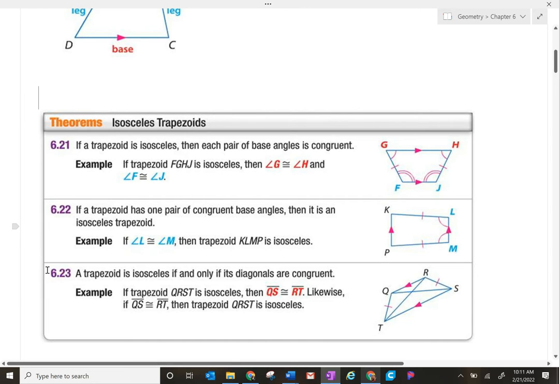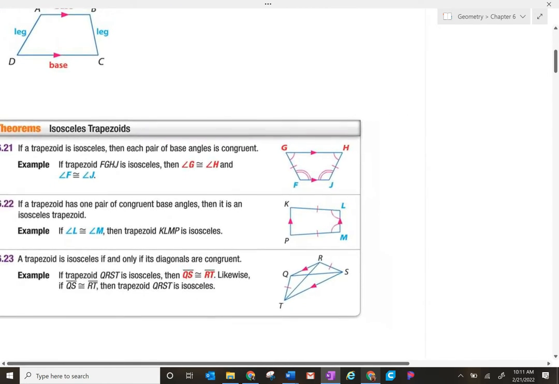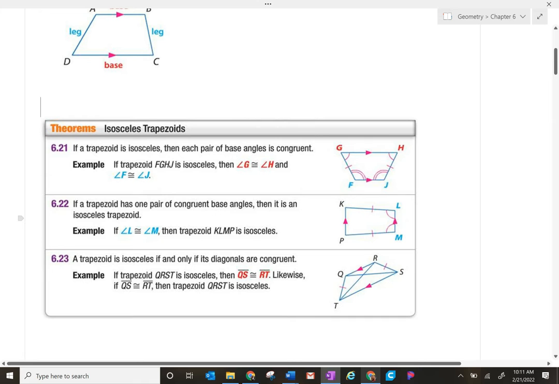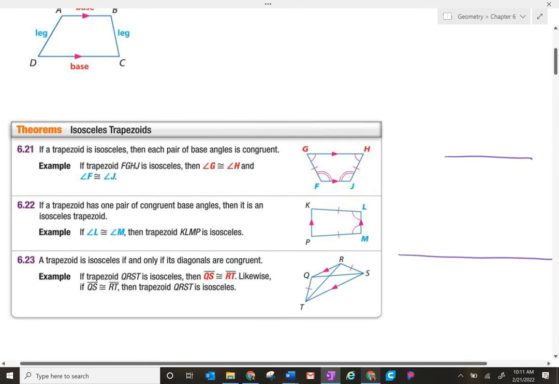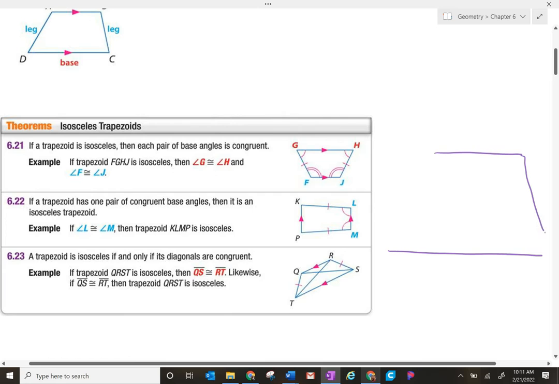This next one is an isosceles trapezoid. I'll draw that picture on the side. So I've got the top, I've got the bottom. Again, my drawing skills are not the greatest, but you get the idea.